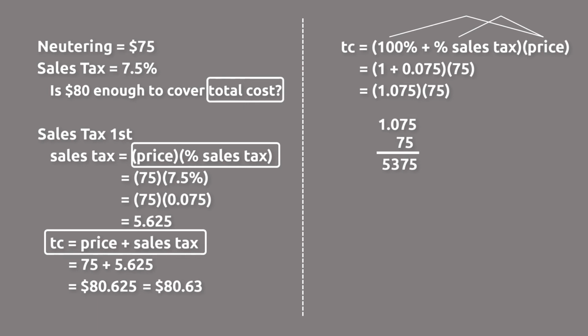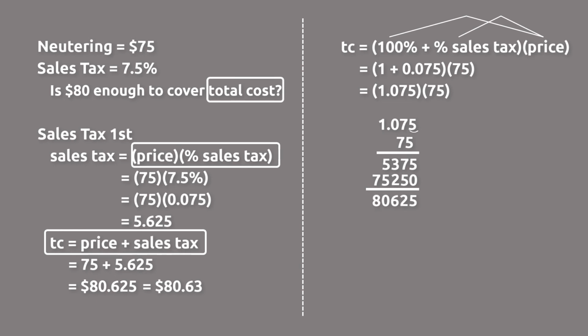We'll add our 0 here and move over. 7 times 5 is 35. 5 down, carry your 3. 7 times 7 is 49, plus 3 is 52. 2 down, carry your 5. 0 times 7 is 0, plus 5 is 5. And then 1 times 7 is 7. We'll add that all together. 5, 2 down, carry your 1, 6, 0 down, carry your 1, 8.